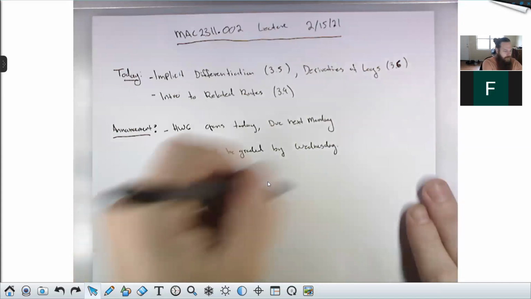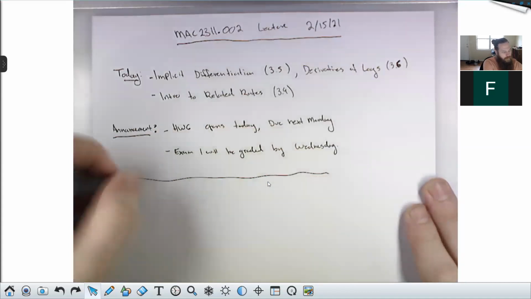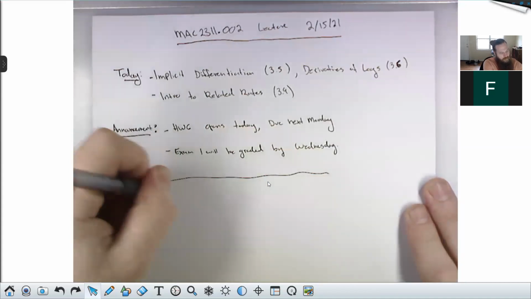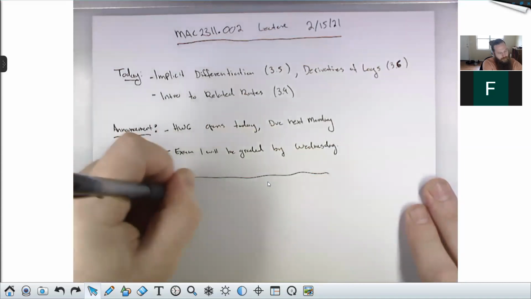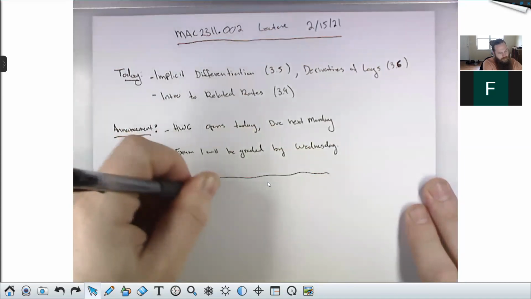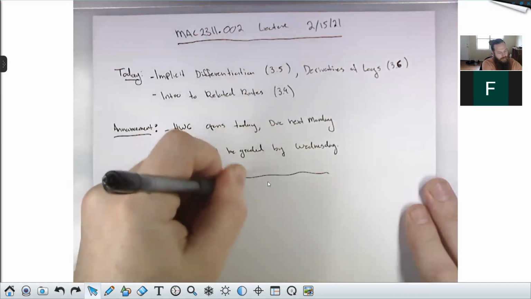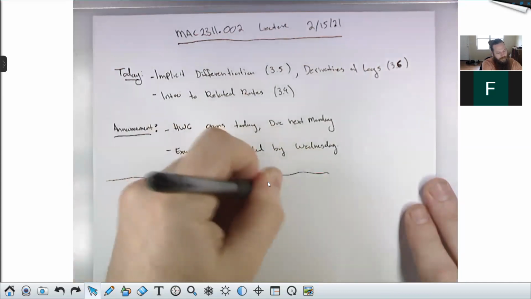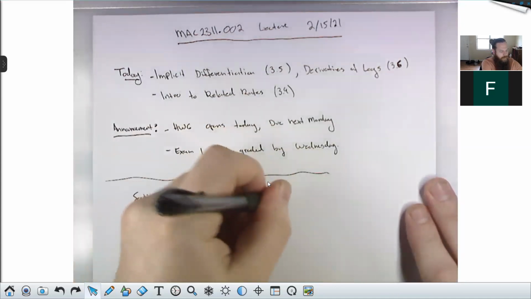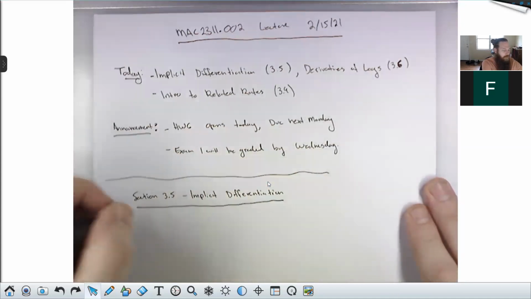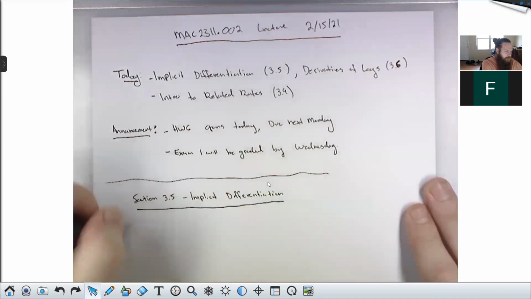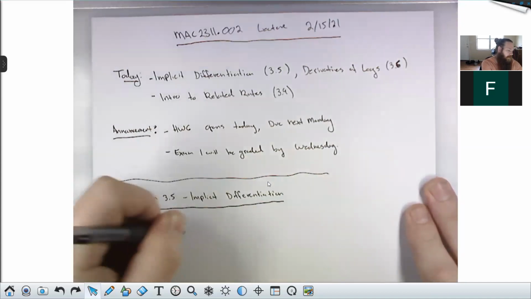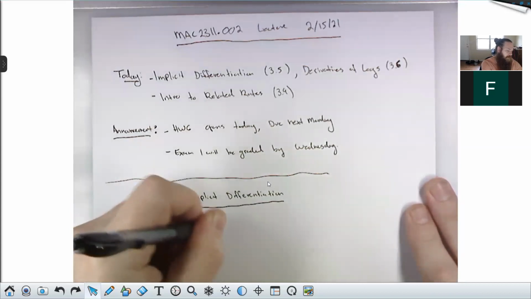So let's get started. All right. So this is section 3.5 on implicit differentiation. And what we're really doing here is we assume y is a function of x.